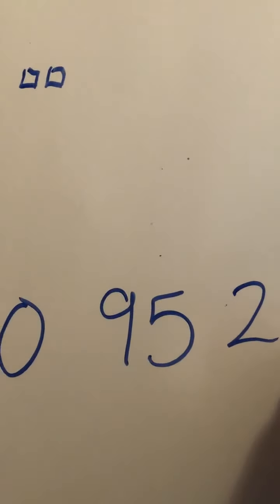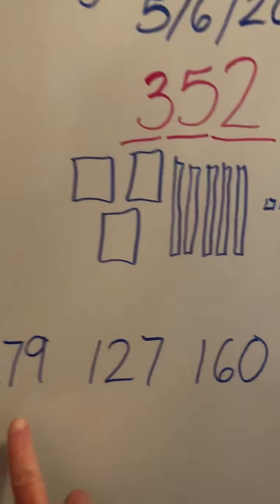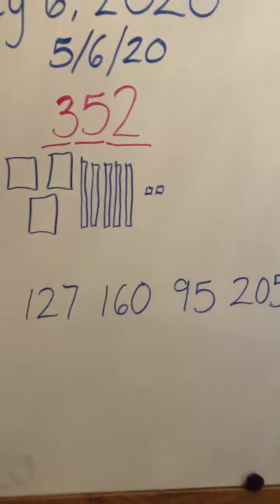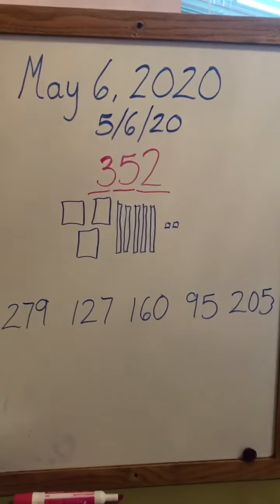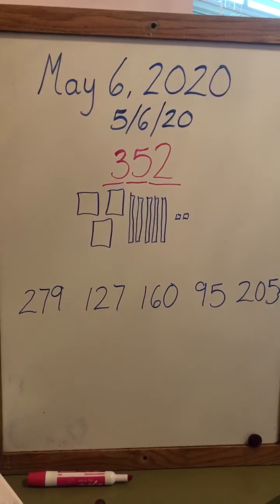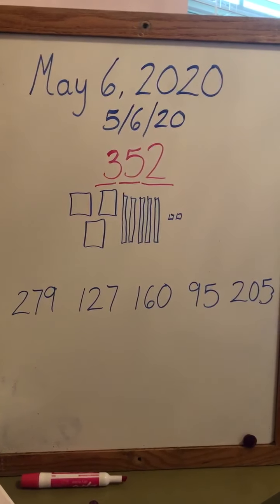I have 1, 2, 3, 4, 5 numbers here. Okay, can you see them all? All right, what we're going to do here is let's put these numbers in order from least to greatest.